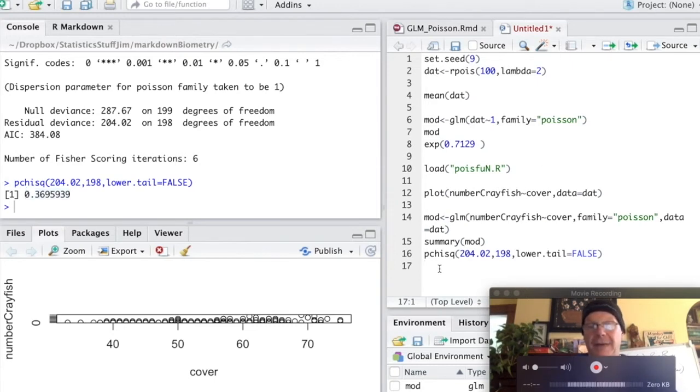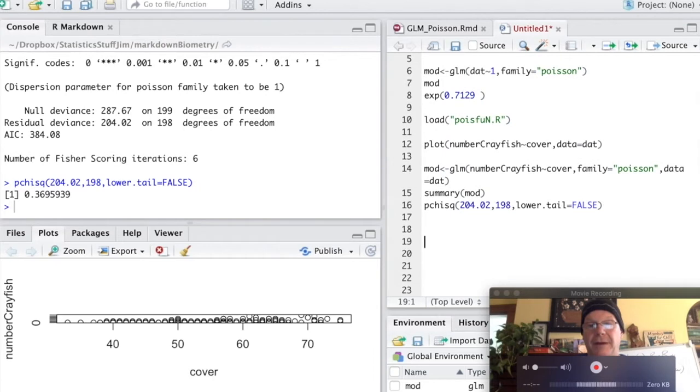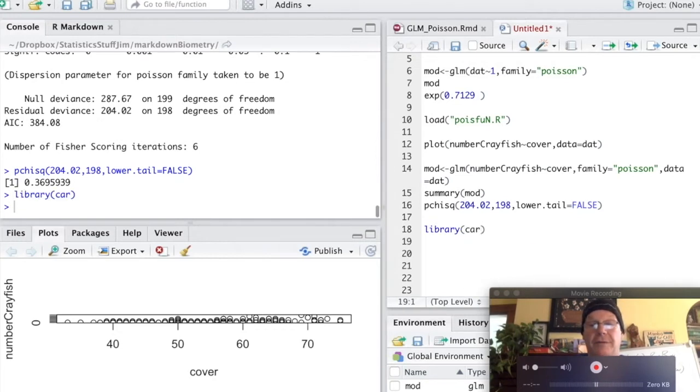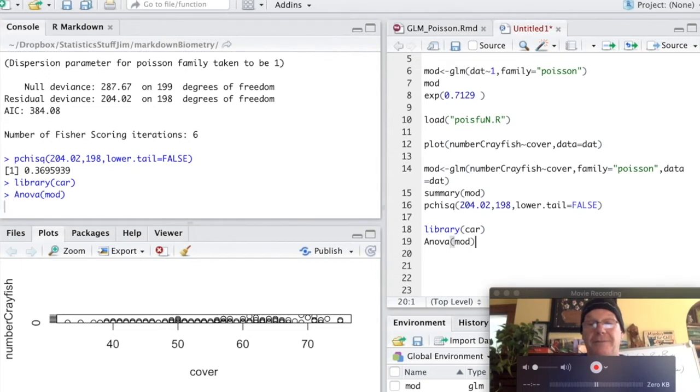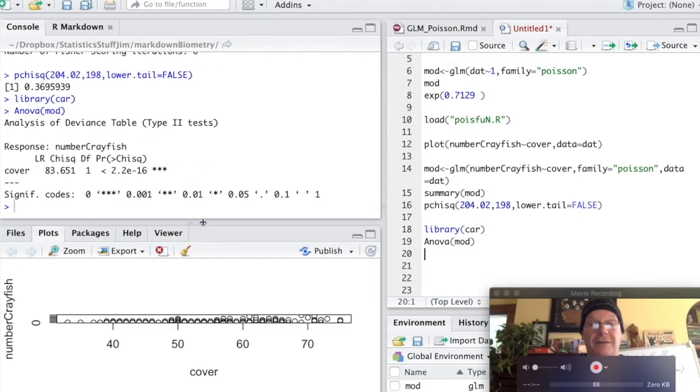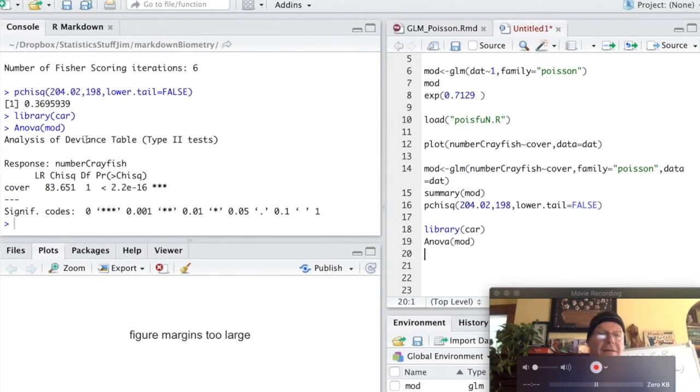Once we got to that point, we could start to think about the hypothesis testing part. We could load in the package car, which we have used a lot, and I'm going to do an ANOVA on our model. It's going to do that likelihood ratio test for us, the analysis of deviance, and that's our p-value associated with that.